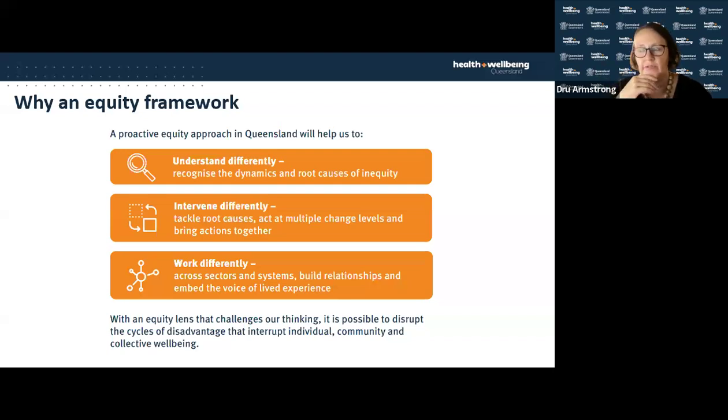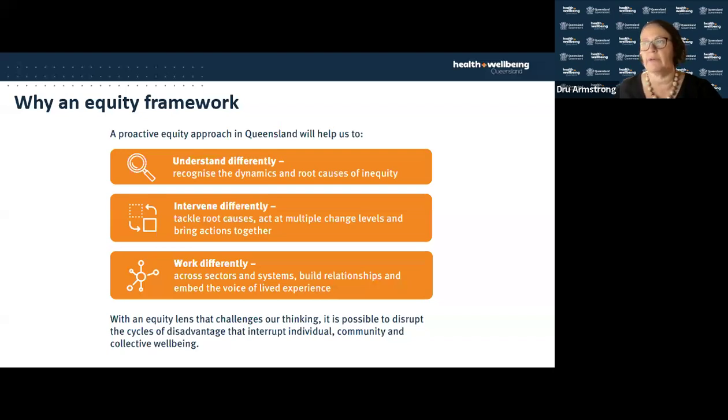So welcoming diverse views and widening our perspectives, either at an individual or an organizational or beyond level, maximizing strengths and connections, which is really about putting people at the center, empathy, trust, connecting services, wrapping and stacking around people, and then really looking at rebalancing and redefining the structures. So what are our decision-making processes or our funding models, or how are all those things actually impacting on equity?